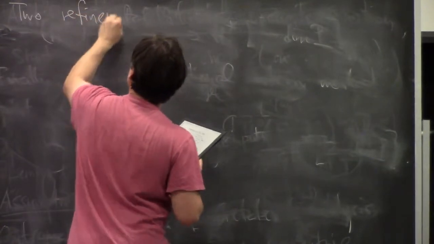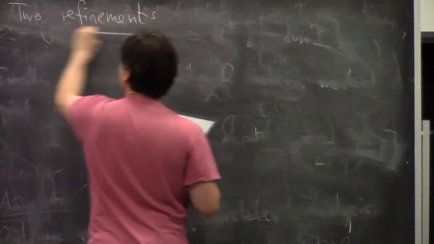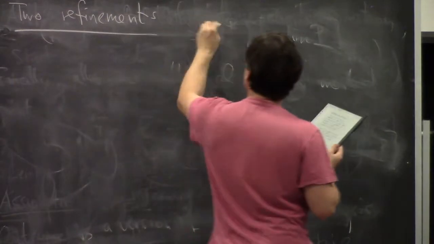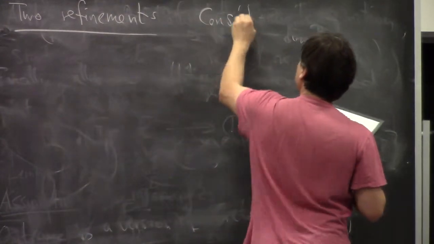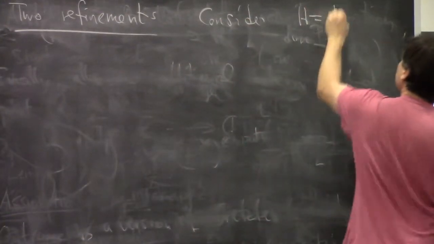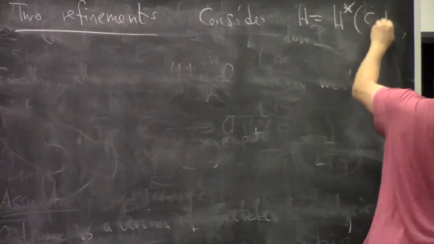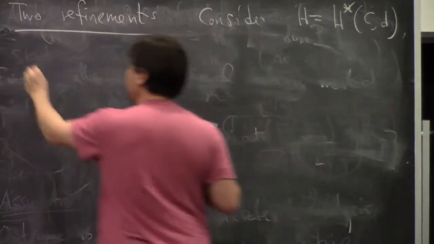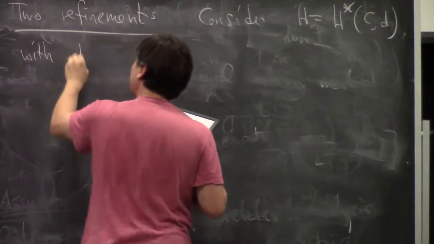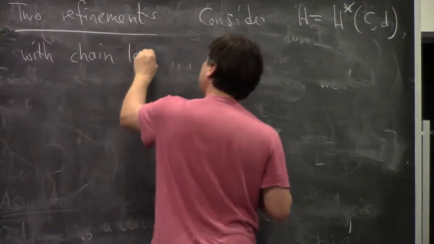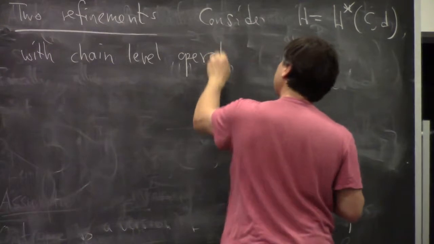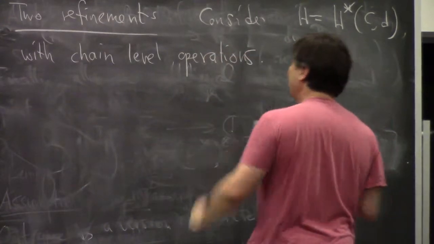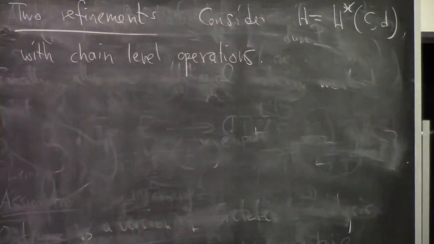So I want to introduce 2 refinements. And so consider, now we consider H as the cohomology of some complex with chain level operations. I think this used to be called a topological conformal field theory, but now I think it's just called a topological field theory. So there are chain level versions of all these operations. There are chain maps.